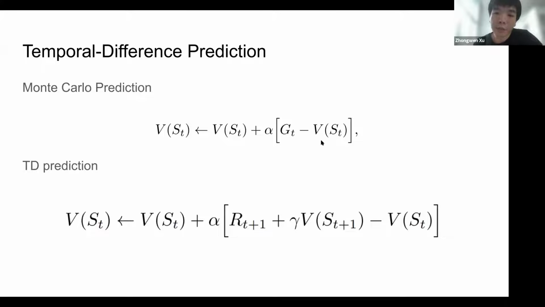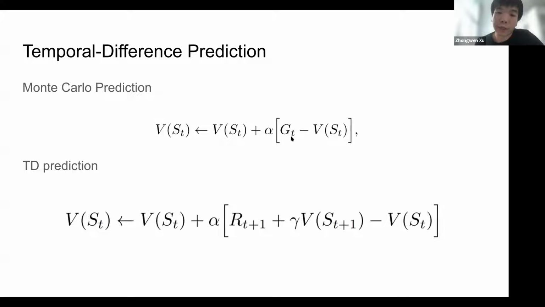And the value function V of ST is the current estimation of the value function at the current time step. With the difference between these two, we have the error, and then we also apply the learning rate alpha.